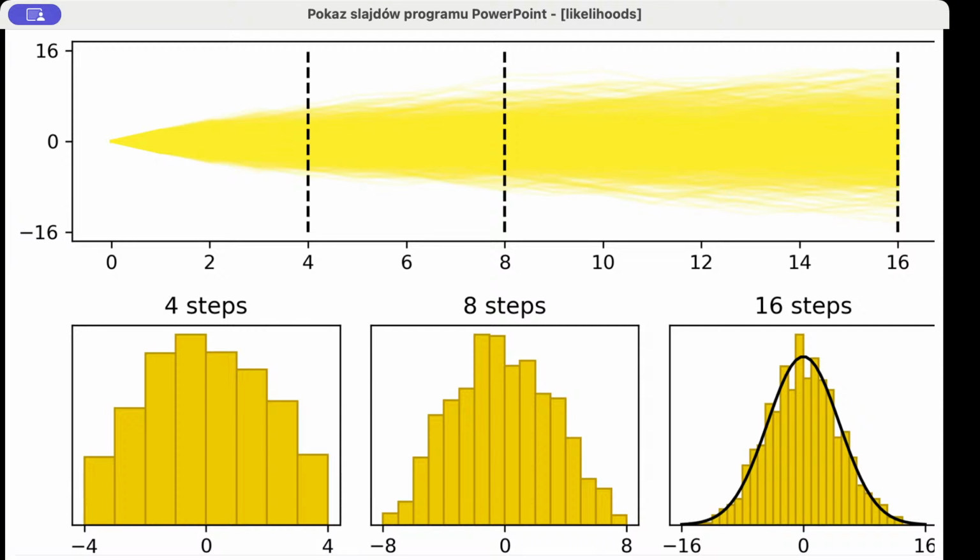Let us consider that we stand in the middle of a football field and we flip a coin. If we get heads, we make one step to the left. If it flips tails, we move one step to the right.